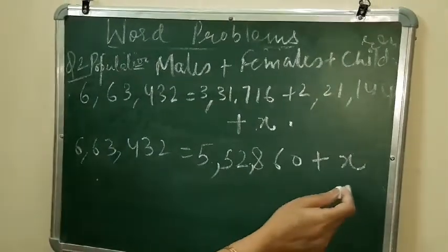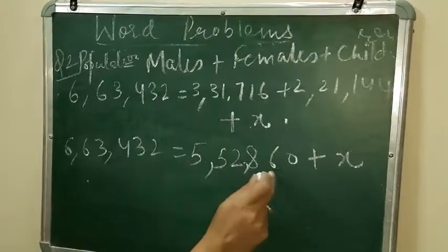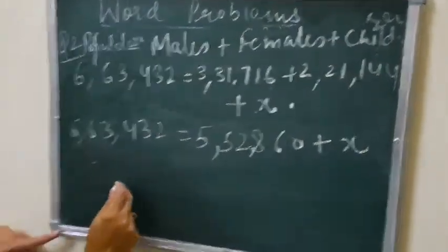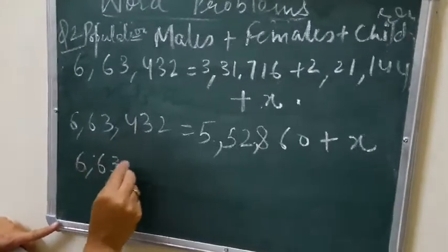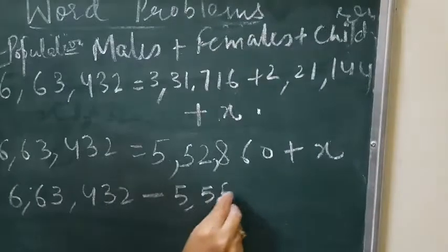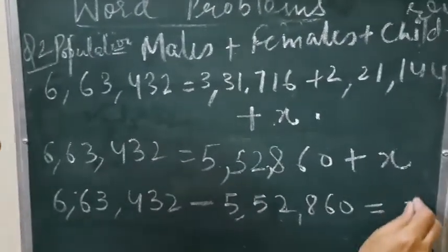For finding number of children, X is to be kept alone. This has to be shifted here. It was adding here, so when you shift this to this side, it will become minus. So just write this with negative sign, minus 552,860 is equal to X.